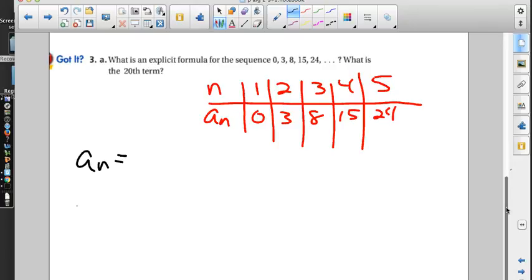Take n and square it, and subtract 1. Now I see it. Exactly.